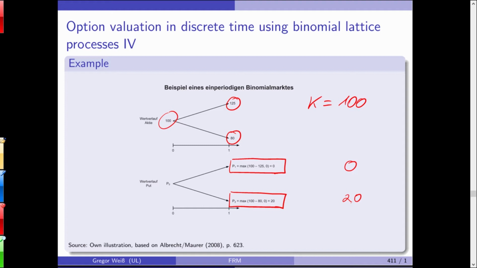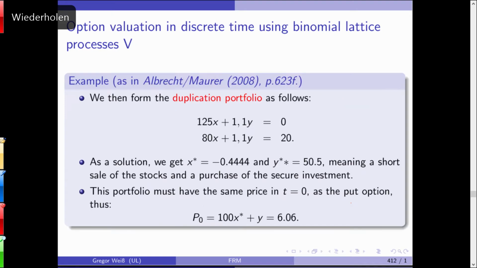And we now try to duplicate 0 and 20 by the use of just the underlying and the risk-free rate. Meaning, the duplication portfolio is as follows: 0 and 20 equals 125x or 80x plus 1.1y. X is the number of stocks and y is the number of risk-free bonds we want to buy.